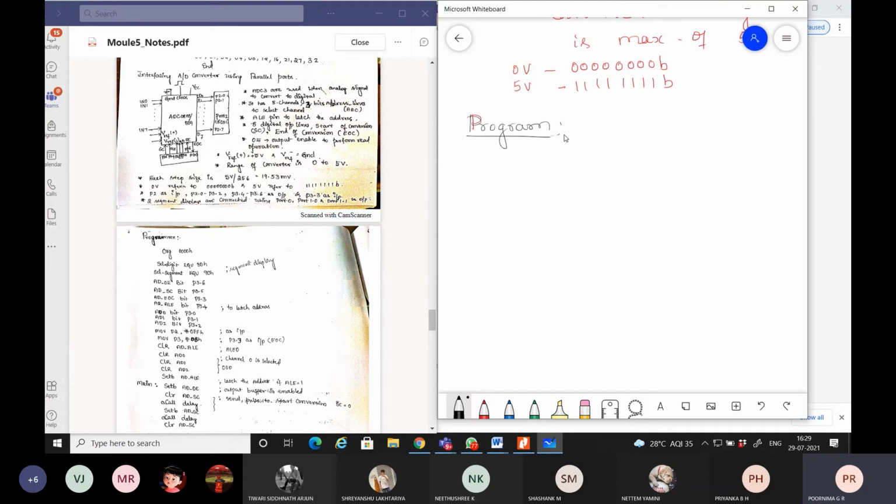That indication is provided through the end of conversion pulse. So EOC is end of conversion from ADC to microcontroller, and start of conversion is from microcontroller to ADC. Then ABC are used to select the channel.